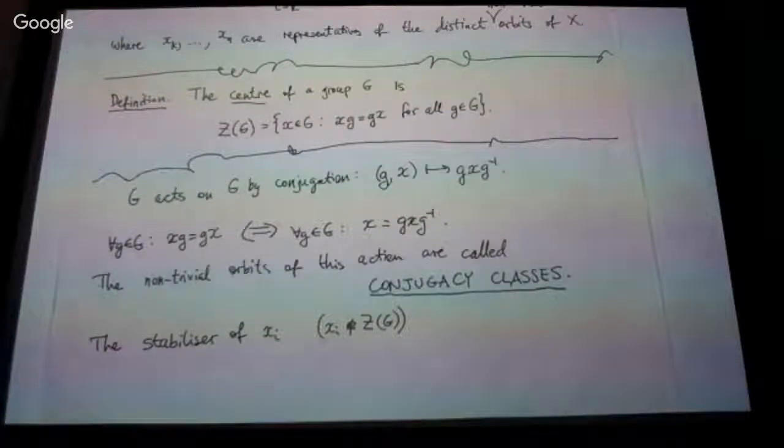I'm lost. Oh, keep going. Okay, exercise. What is the stabilizer of an element of the center? Okay, what is the stabilizer, how is it defined? It's all the elements of the group that leave it in place in an action. Okay? So what's the stabilizer of an element of the center?